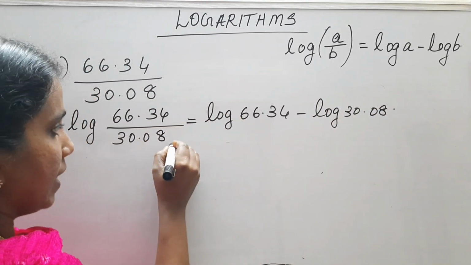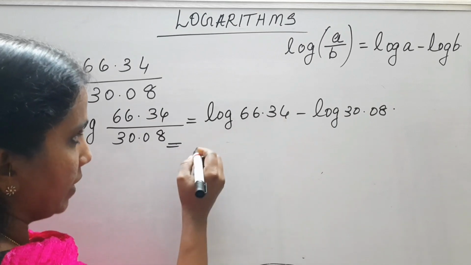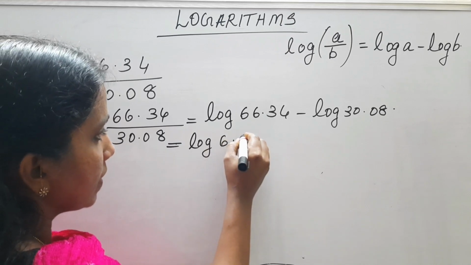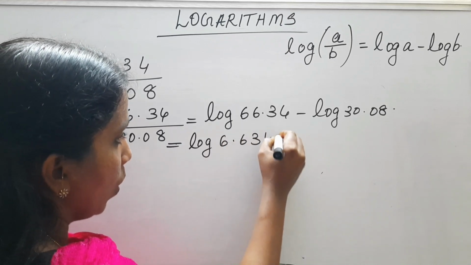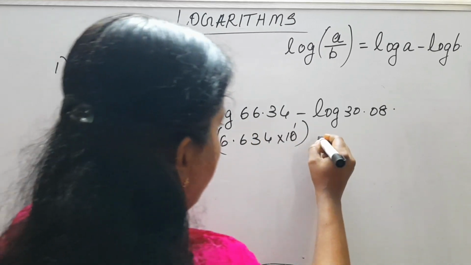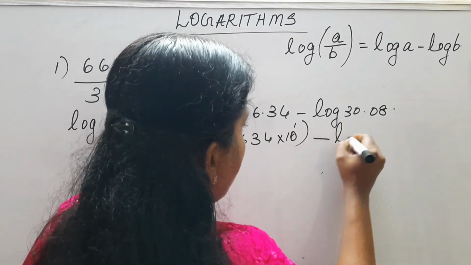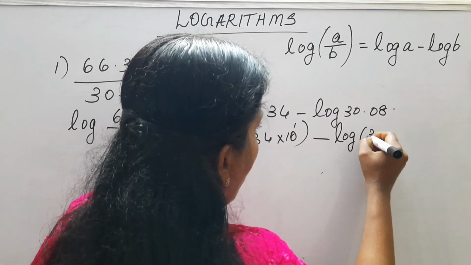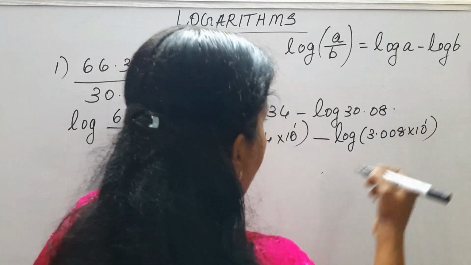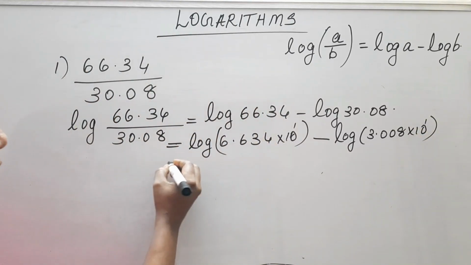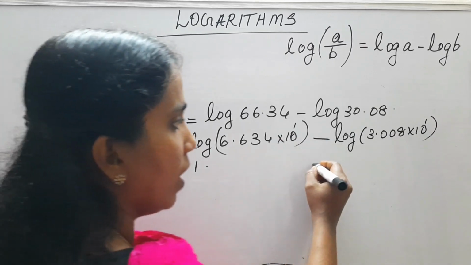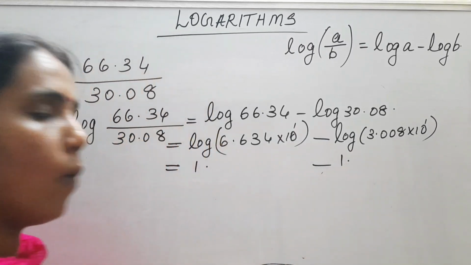As we said earlier, we have to write log of 6.634 into 10 raised to 1, minus logarithm of 3.008 into 10 raised to 1. Both the logarithms have the exponent part 1.